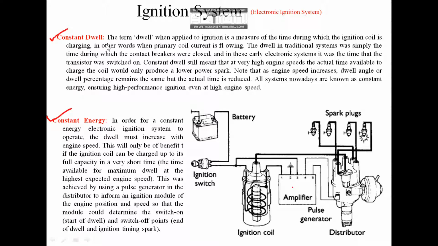I told you what a constant delay is. Delay is nothing but the time available to charge and discharge our capacitor, or the time available to complete the charging and discharging cycle of a capacitor. As speed increases, the time offered to the capacitor to charge up to its rated voltage, that is 400 volt, keeps decreasing, because our capacitor requires some charging time and discharging time.